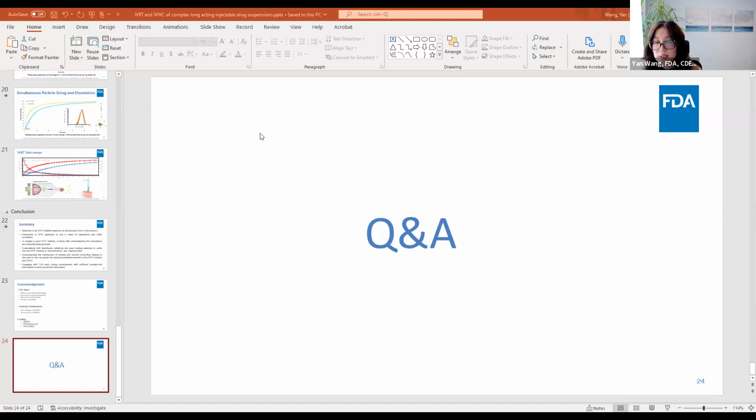But on the other hand, one could consider that animal IVIVC may not be pivotal or standalone. That is what I would approach if I were in the industry, for instance.